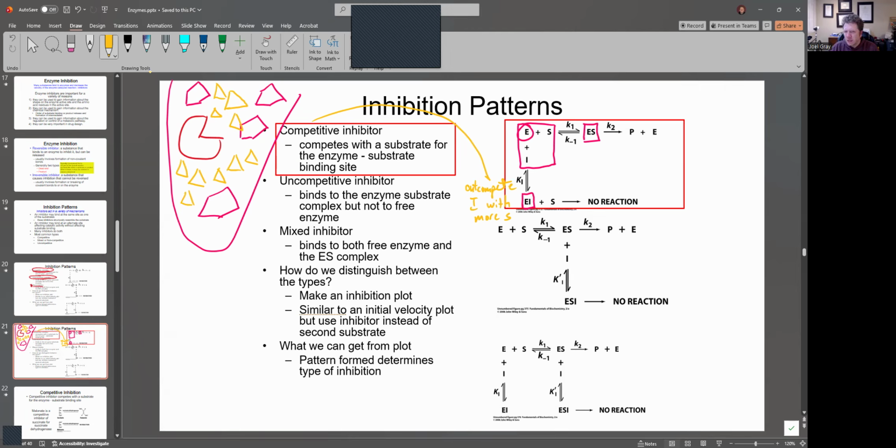Do you think that this inhibitor directly impacts the conversion of ES to a free product and a free enzyme?